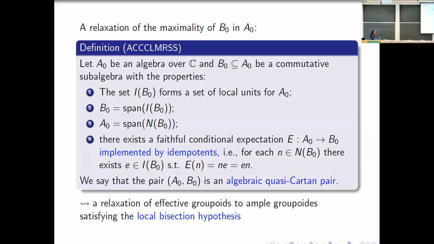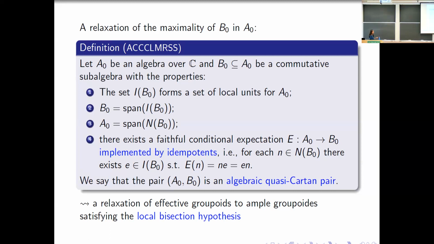We saw previously that once we have an algebraic Cartan pair, it can be realized by a twisted Steinberg algebra. Or the other way around, a pair of a twisted Steinberg algebra always gives rise to an algebraic Cartan pair. So we would like a similar result: whether we can also have a groupoid construction once we have such an algebraic quasi-Cartan pair. That's the purpose we want to achieve.